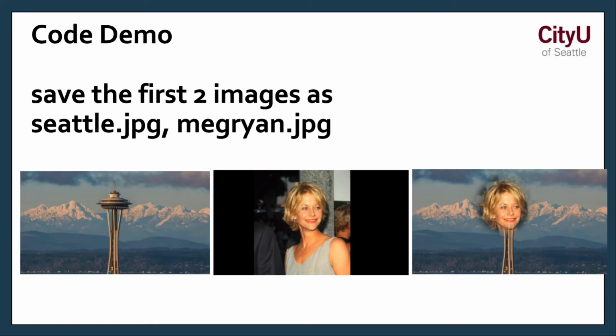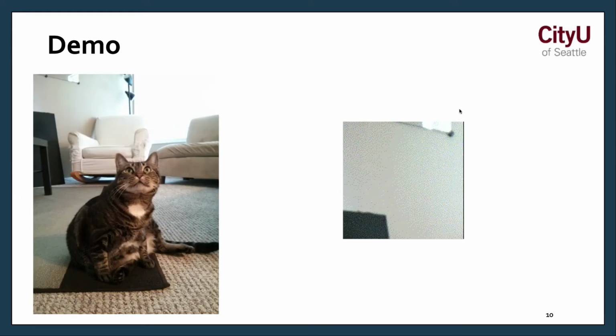Next is an example where you can basically merge two images together. As you can see, the background image is this one, and for the second image, you take the middle portion and crop that out. Then you combine the two together.